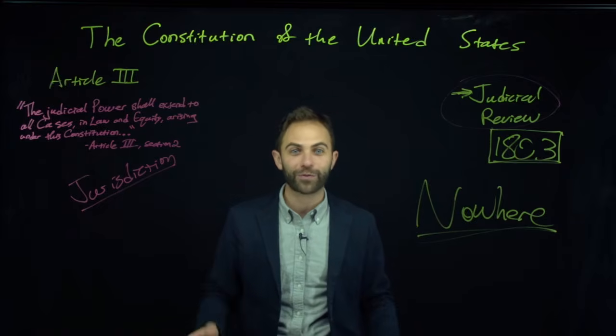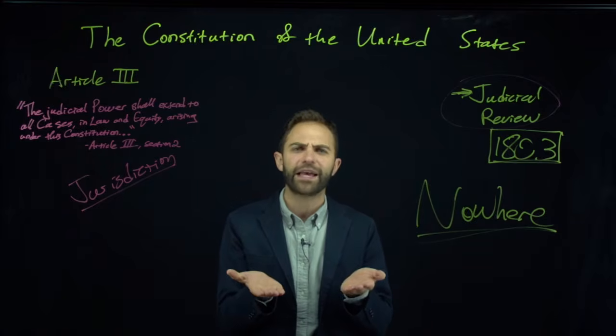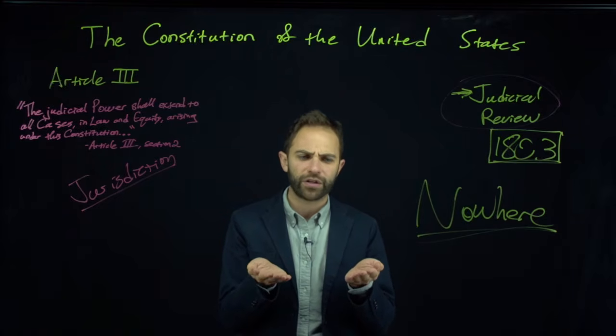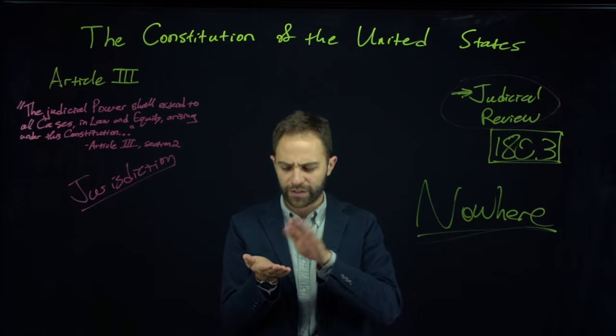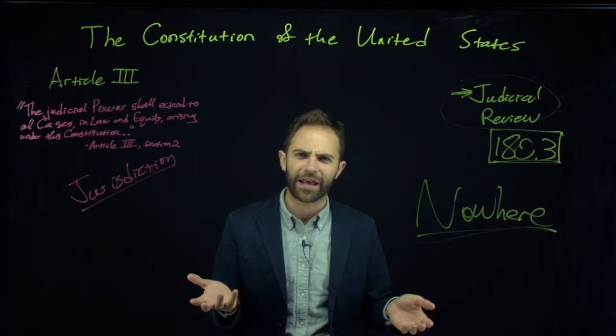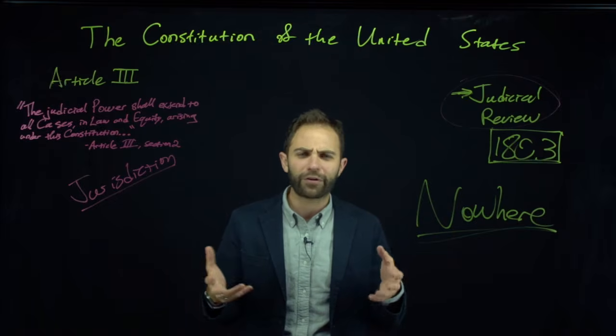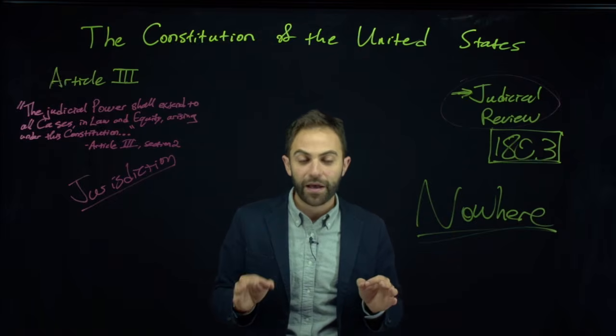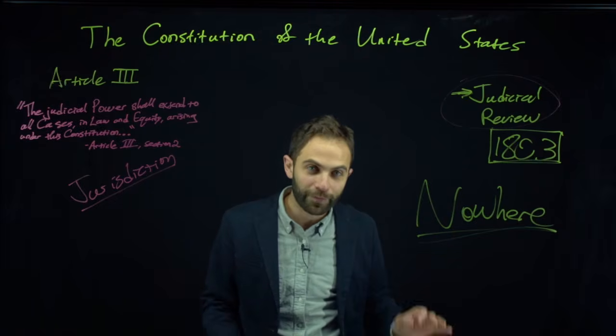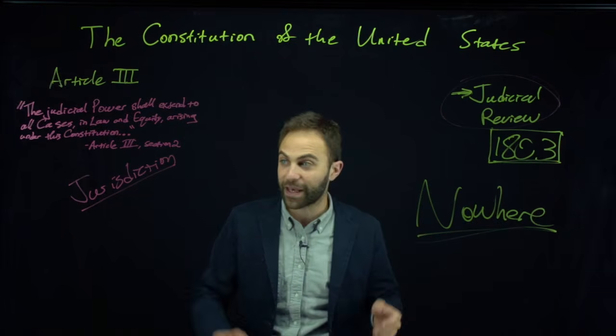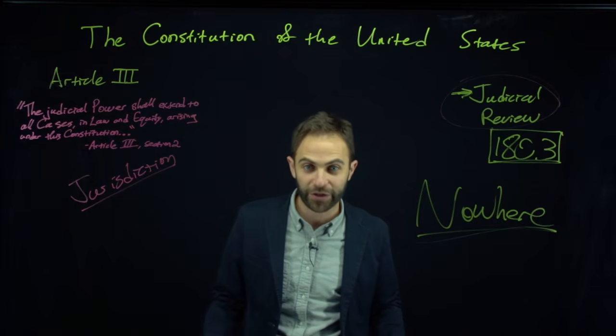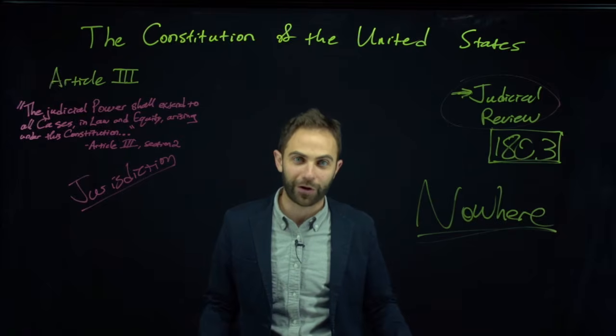It's one thing for the Supreme Court to be able to make a decision about a case, whether some action was legal or illegal, how to decide a particular case. The power of judicial review is the power, while deciding some case that otherwise falls under your jurisdiction, to just strike down a law.